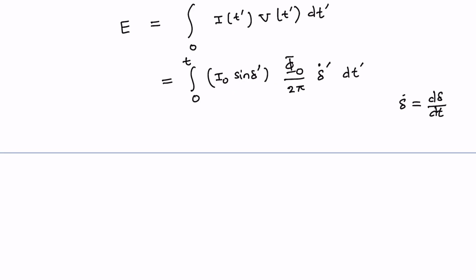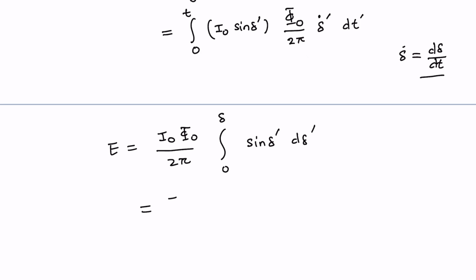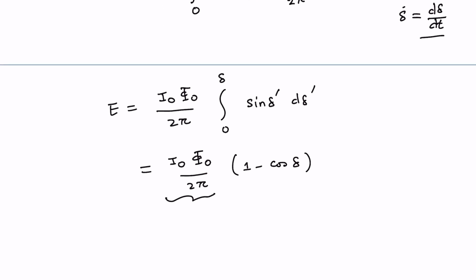Because delta dot is nothing but d delta by dt, from this you can easily make out that E is equal to I0 phi 0 divided by 2 pi, and the integration now goes from 0 to the superconducting phase difference delta, with sine delta dash d delta dash. Doing the integration, you get I0 phi 0 divided by 2 pi times 1 minus cos delta, and this expression you can write as the Josephson energy constant Ej.